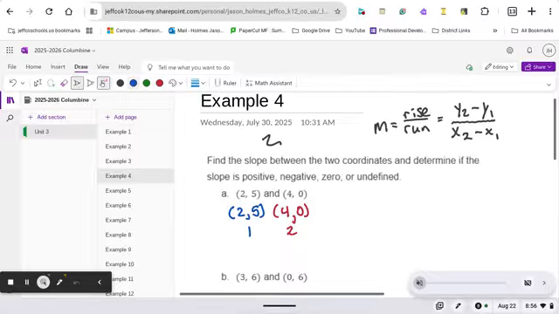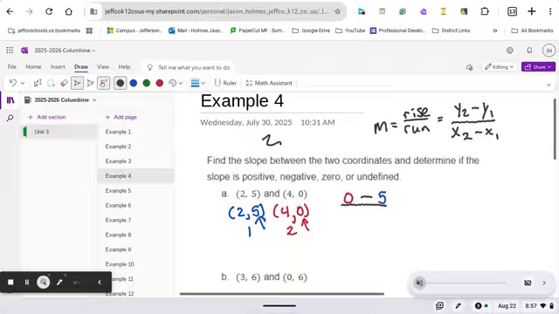The y values are the second value that we see in the ordered pair, so 0 is the y value. So we'll have 0, minus the first point's y value, which is 5. So we'll have 0 minus 5, and then we'll have that over.